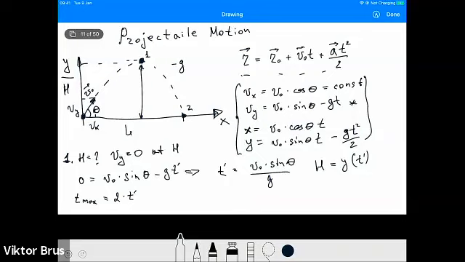So it will be twice t prime, and it will be 2 multiplied by v naught sine theta divided by g. So this is the maximum duration of the flight.